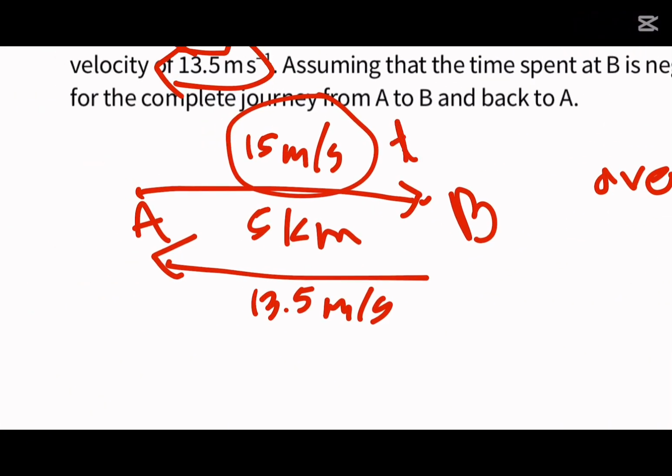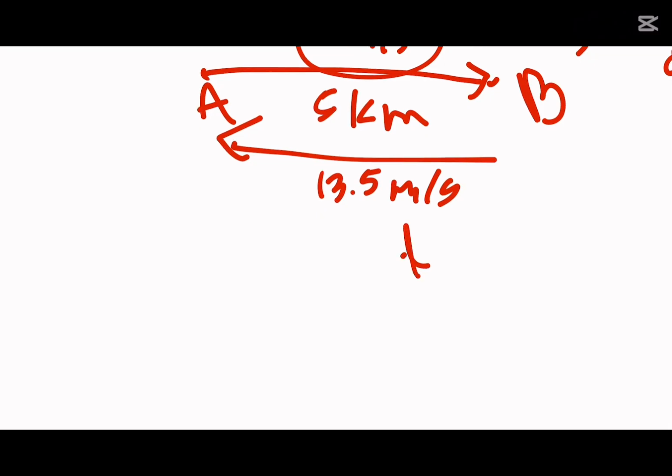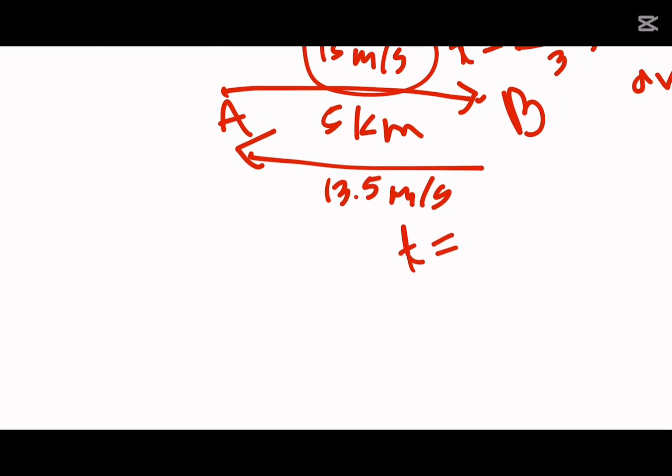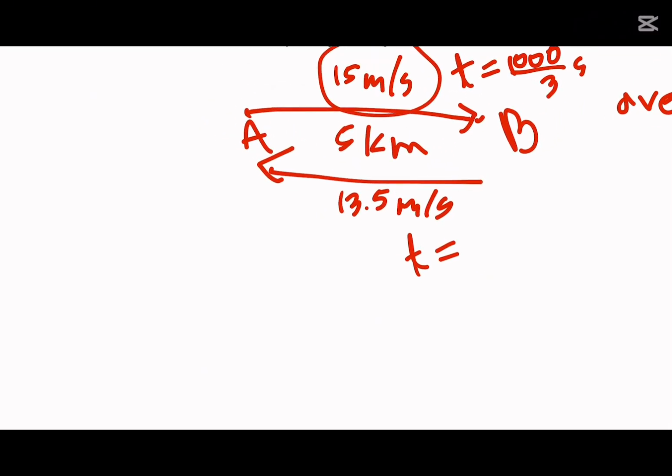So t would be 5,000 meters divided by 15 meters per second, and I'll write that as a fraction: 1,000 over 3 seconds. And then here, t will be 5,000 over 13.5 meters per second.